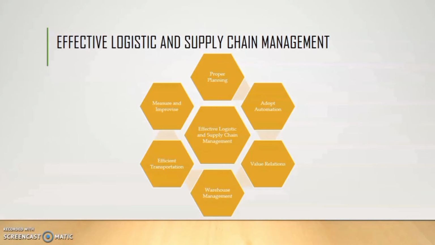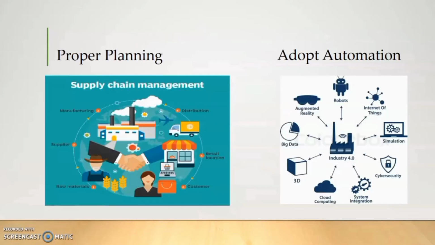Effective logistics and supply chain management. First, proper planning. Planning involves procuring the goods, storage facilities, delivery of product to the exact location, time, transportation, and cost.